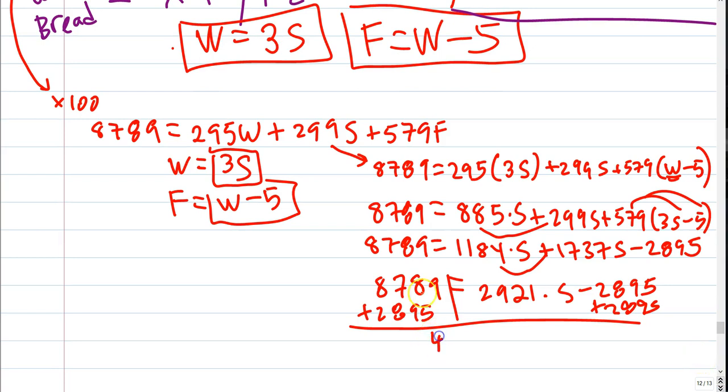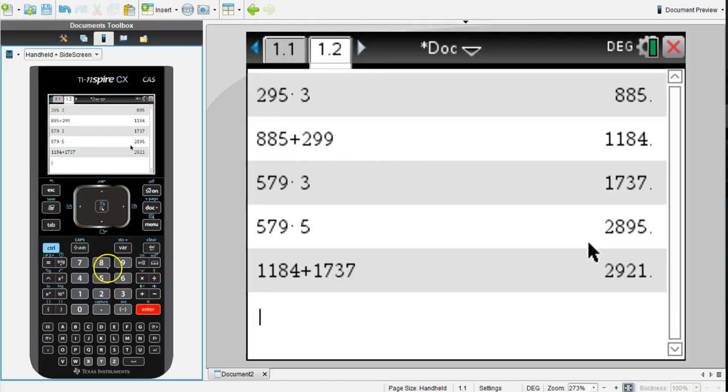So 8789 plus, what was it, 2895, or is that something else?